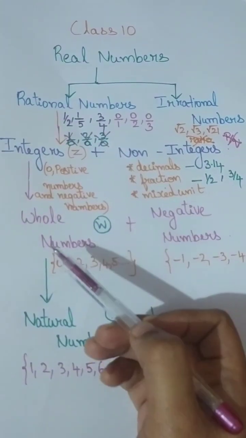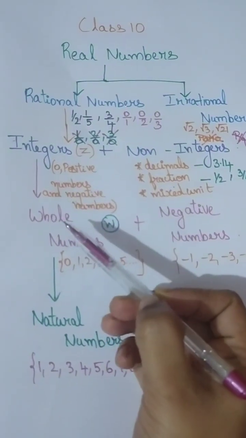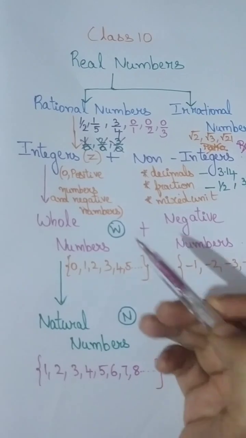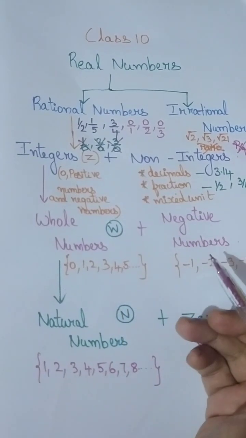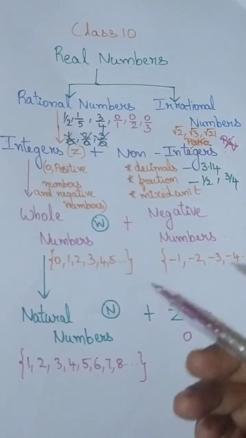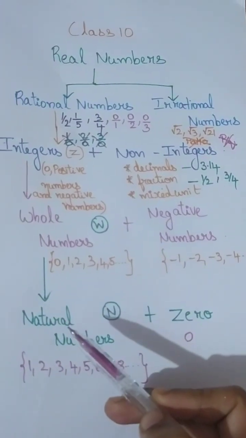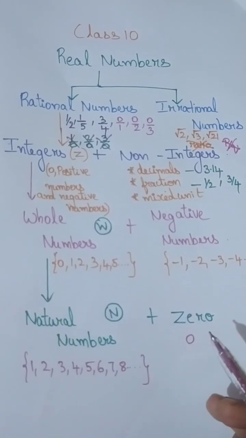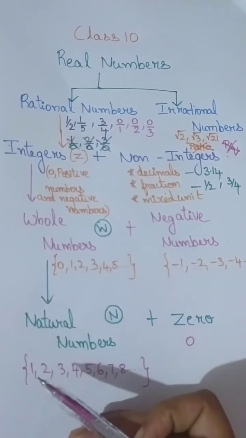Integers have whole numbers, which start with 0, 1, 2, 3, and also negative numbers, which have a minus sign before the positive number. Whole numbers have natural numbers and 0. Natural numbers always start with 1, 2, 3 and so on.